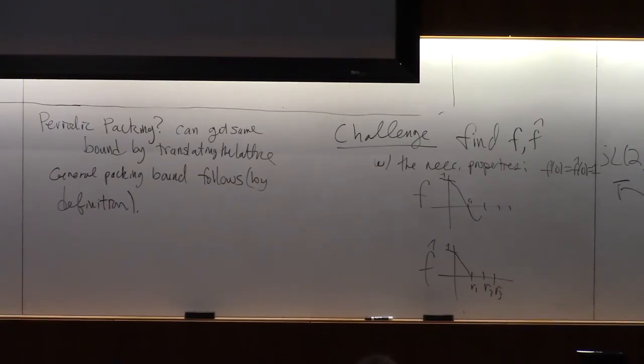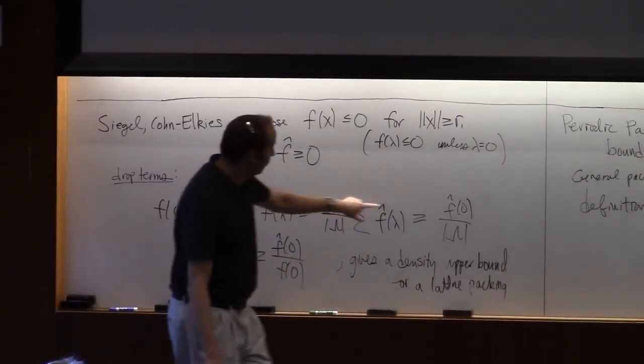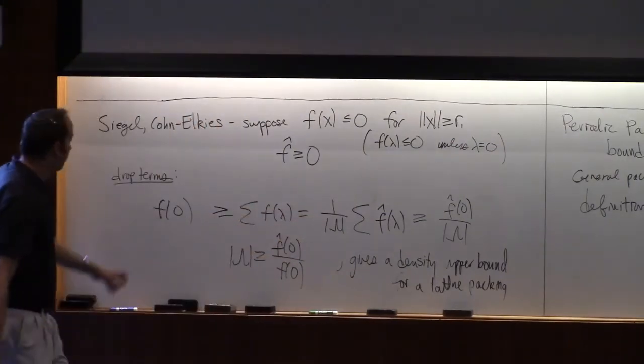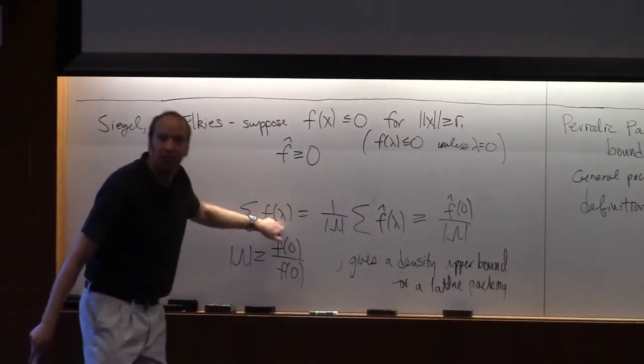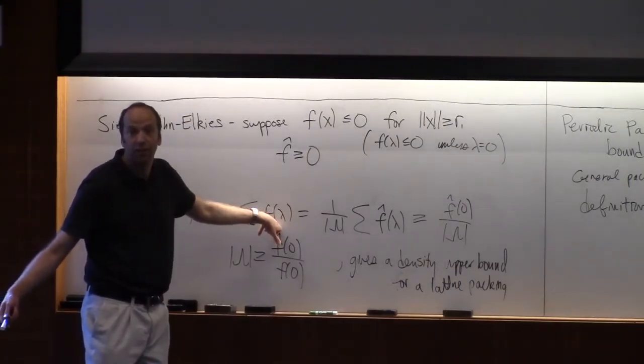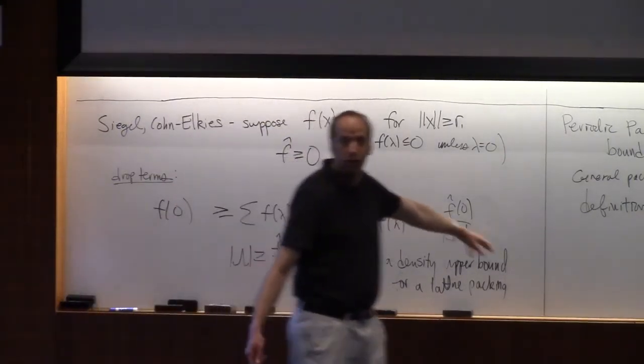It must be the case that we actually didn't throw any information out. Namely, if everything is to be sharp, we don't want to prove something false. Right? So if everything is to be sharp, we actually need all these things to be equal for this magic function that solves the sphere packing problem. Which means that f of lambda has to be 0 when lambda is a non-zero lattice vector. And similarly on this side.